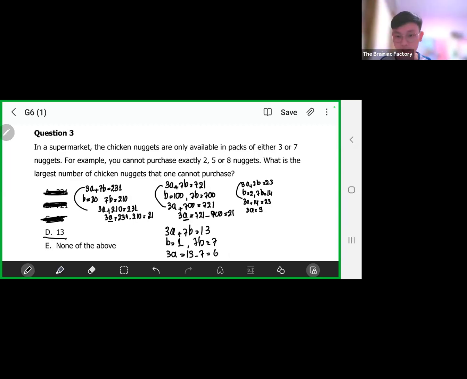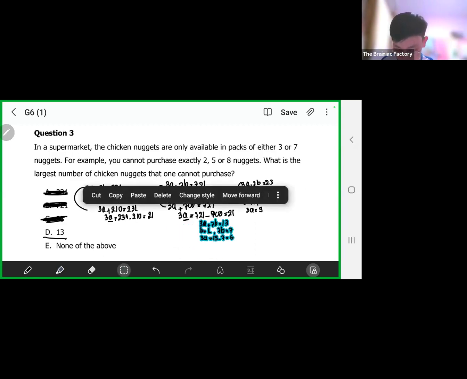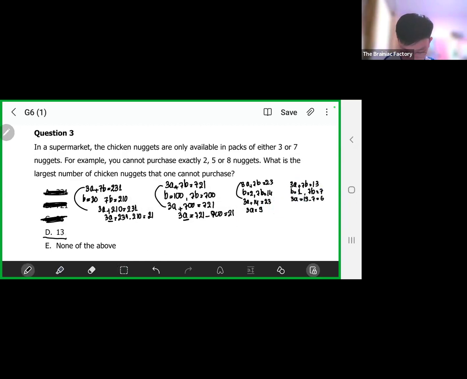But 6 is still divisible by 3, so it's also not our answer. So this is the way you can guess if you don't know exactly how to solve these questions: eliminate each of the answers, and the last one standing is going to be your final answer.